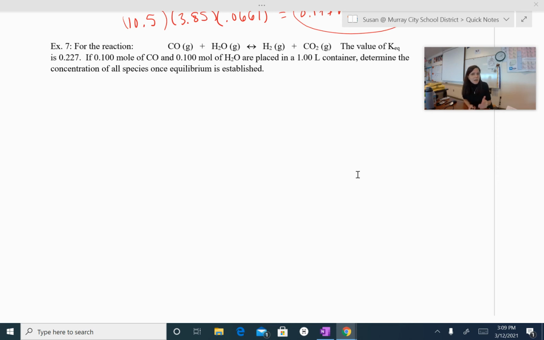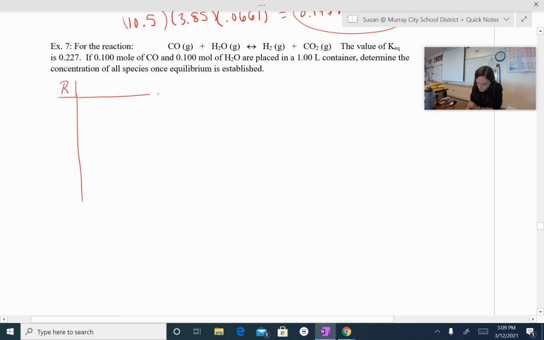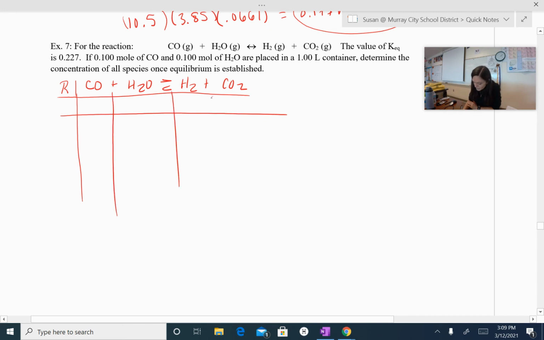Okay, this is another ICE chart. So first things first, let's make our ICE chart. Let's start with that reaction. We have carbon monoxide plus water going back and forth to hydrogen and carbon dioxide. Now we need to find our initial concentrations.